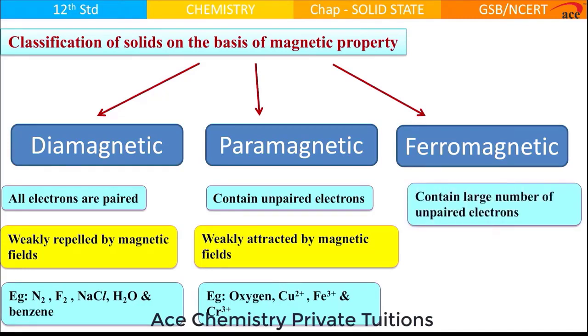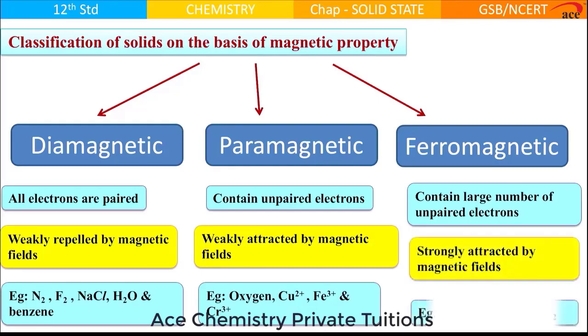Substances which contain a large number of unpaired electrons are strongly attracted towards a magnet, and such substances are called ferromagnetic. In the world, the number of ferromagnetic substances is very few, and in your syllabus you have only 5, and all these 5 examples have to be learnt by heart by the student.